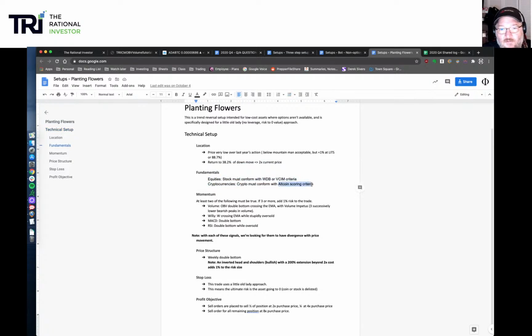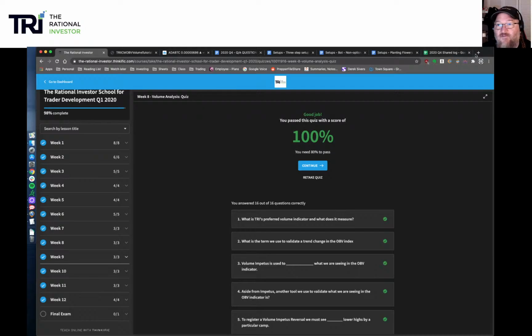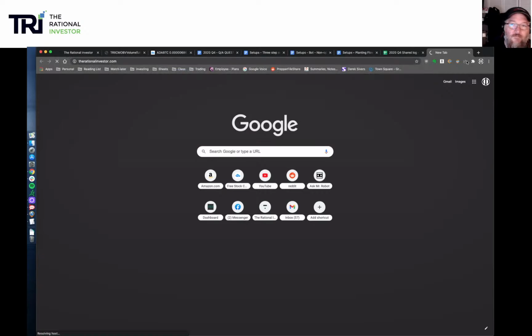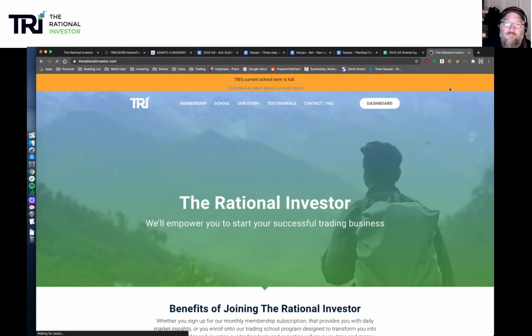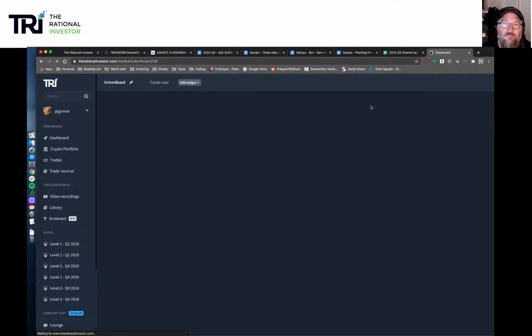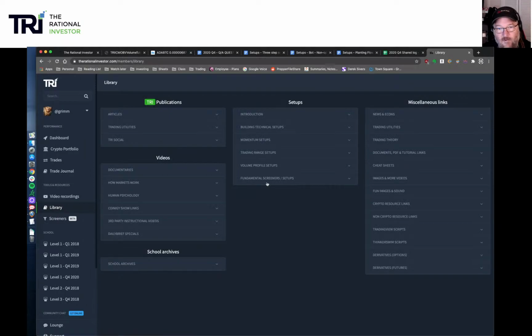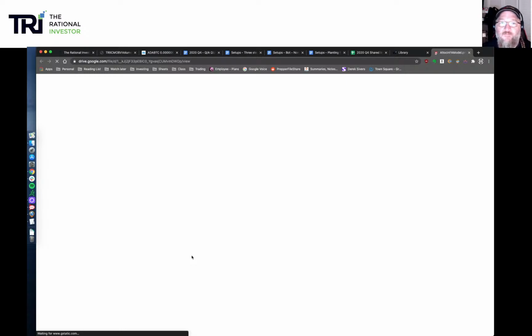Cryptocurrencies have to conform with the altcoin scoring method. So like I said, you can grab this off the main site. Library, fundamental screeners, altcoin scoring method. Okay.